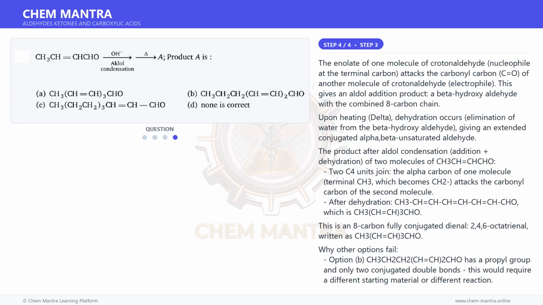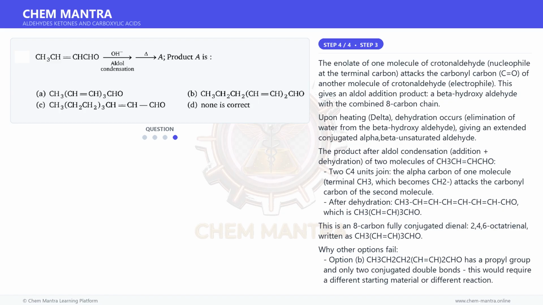The product after aldol condensation, addition plus dehydration, of 2 molecules of CH3CH=CHO. Two C4 units join; the alpha carbon of one molecule, the terminal CH3, which becomes CH2, attacks the carbonyl carbon of the second molecule.